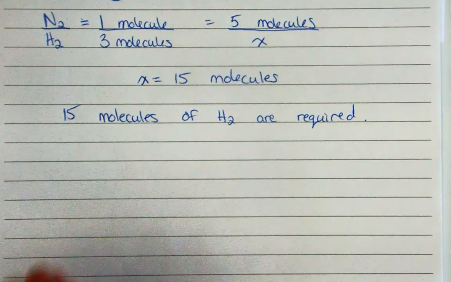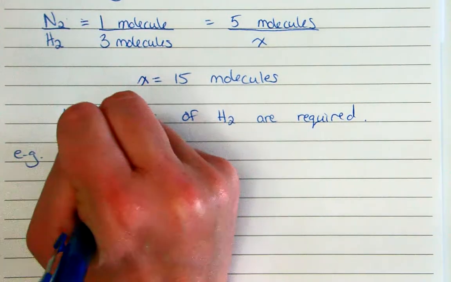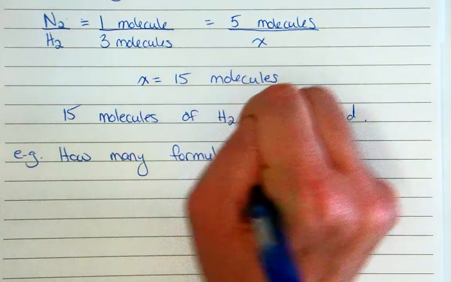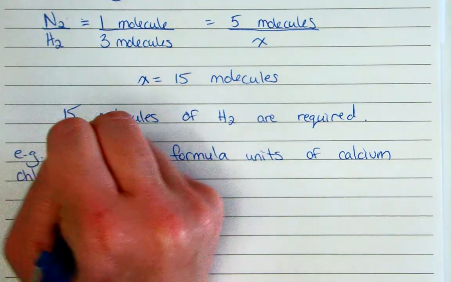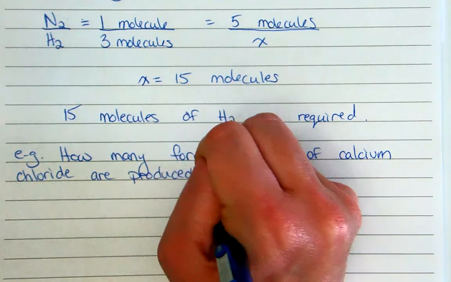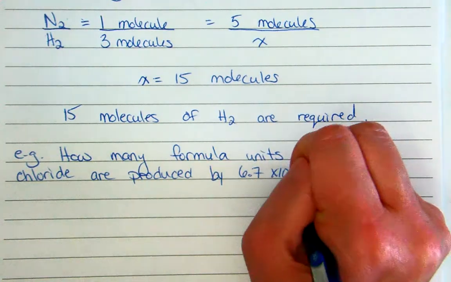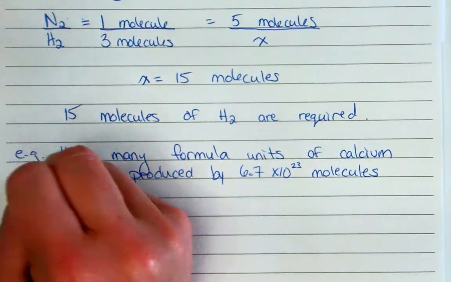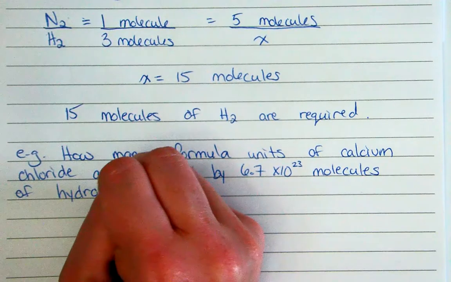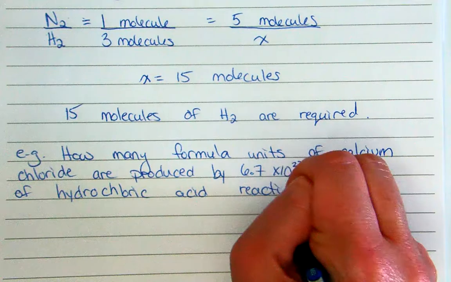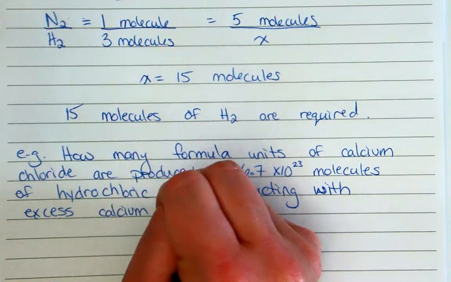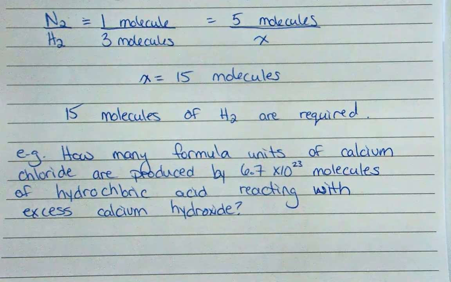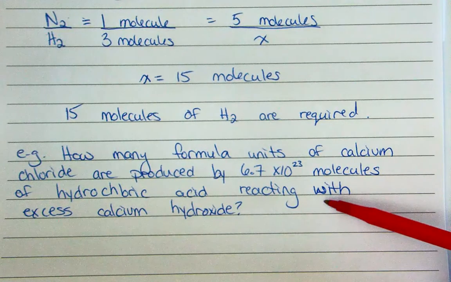Okay, let's try another one. For example, how many formula units of calcium chloride are produced by 6.7 times 10 to the power of 23 molecules of hydrochloric acid that reacts with excess calcium hydroxide?